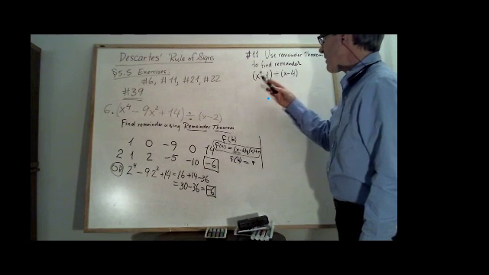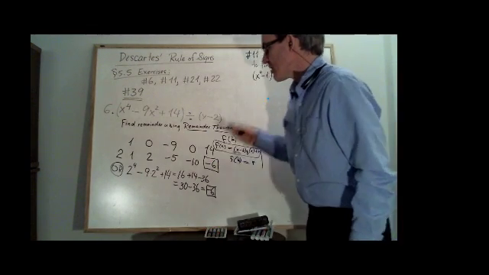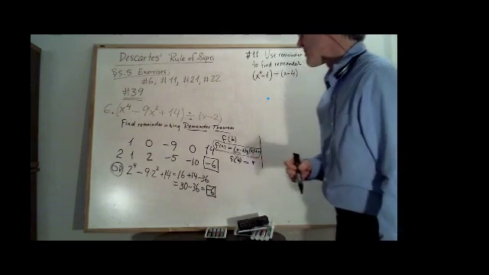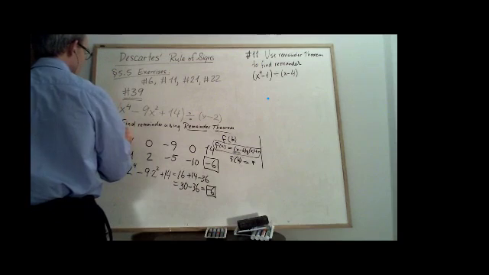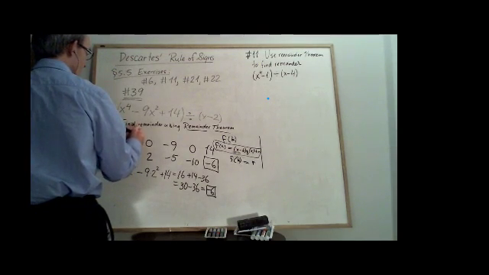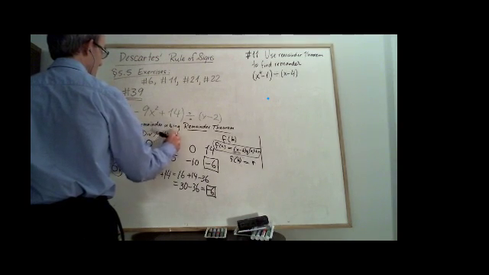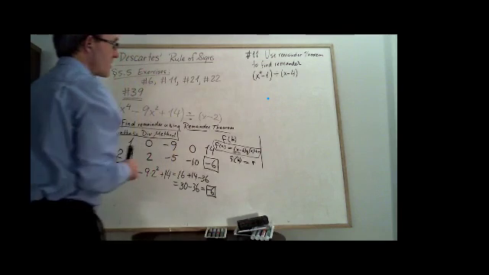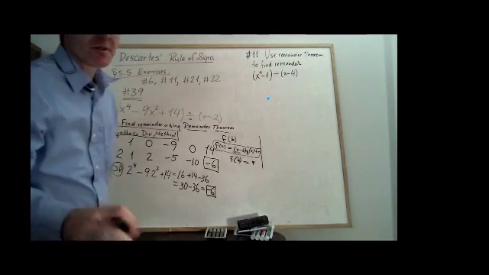Well, you have a high power of x here, and so you'll have a long row if you used synthetic division. Right. So synthetic division often is a useful way to do it, but in some cases synthetic division might be unwieldy or intractable.